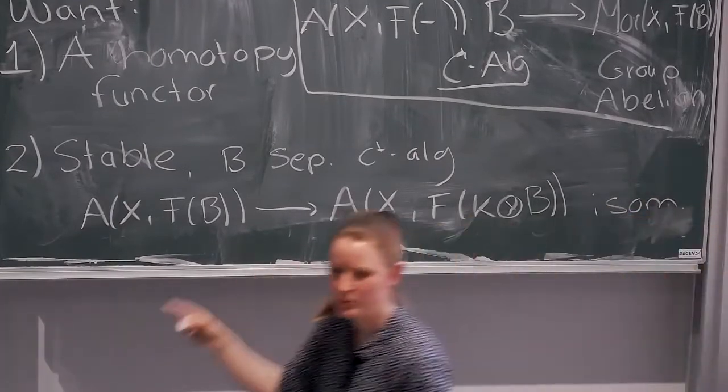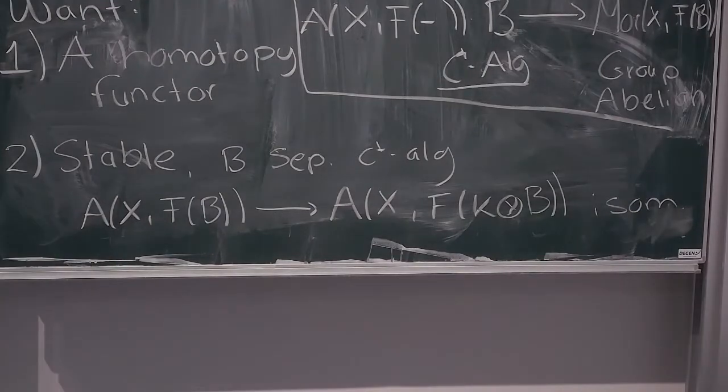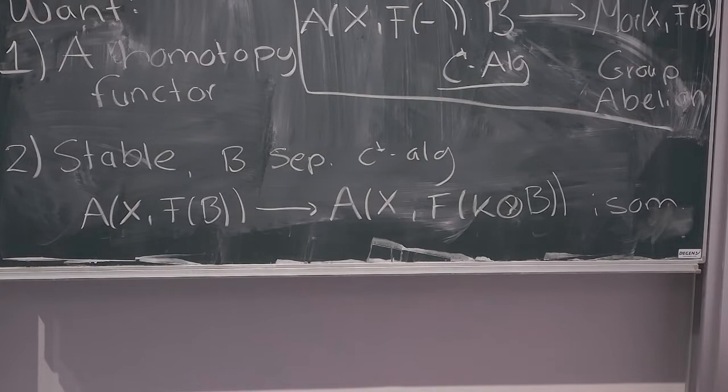And this map is obtained by the map from B to the compact operators tensor B, where you map an element b in B to the rank 1 operator tensor b in the compact operators tensor B, just as we saw last time also.